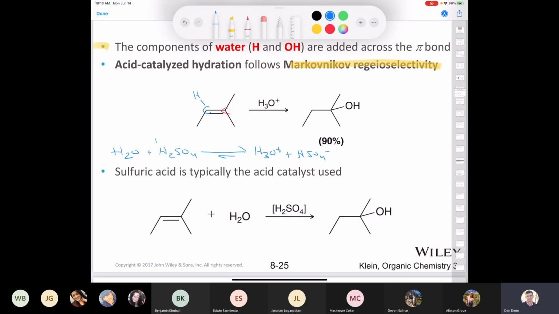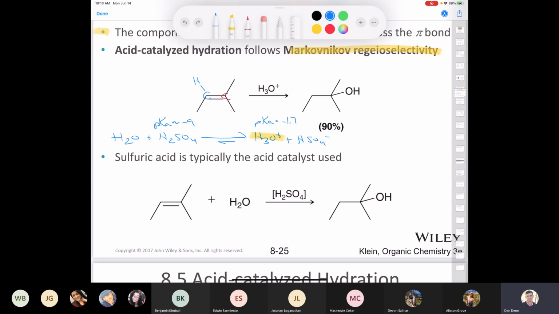Because the pKa of sulfuric acid is around negative 9, I should have said negative 9, and the pKa of hydronium is negative 1.7. So again, the equilibrium is going to lie most to this side. So based on the leveling effect, what you're mostly going to have in solution will be hydronium.